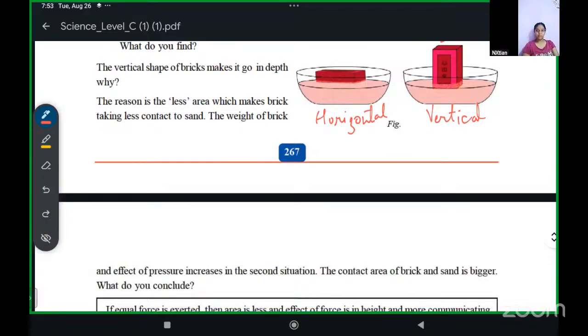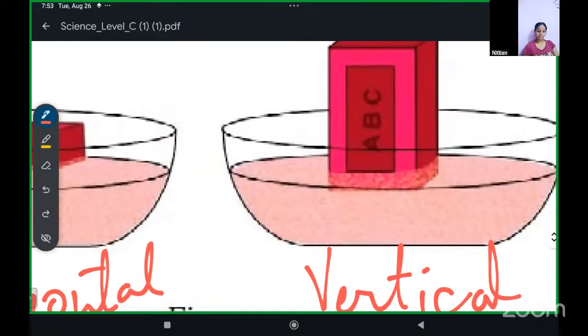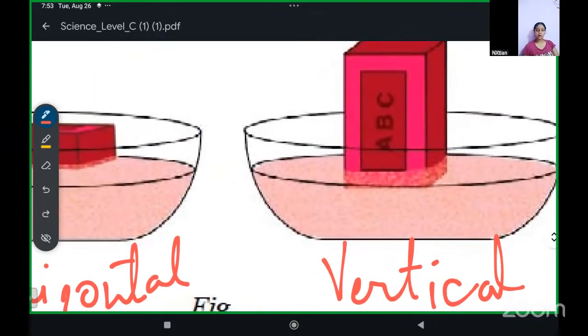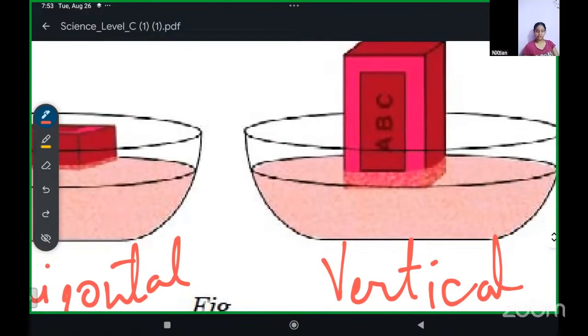The pressure it applies on the other object, the sand, is more. Because the pressure is more, it tends to go inside the sand by some inches. Because the surface area is less, the pressure will be more.